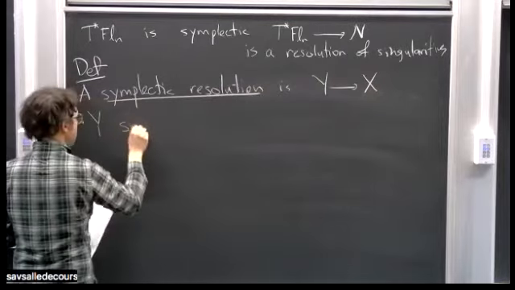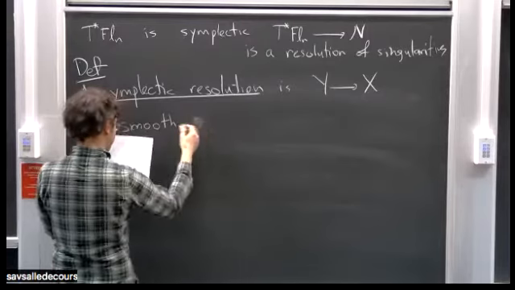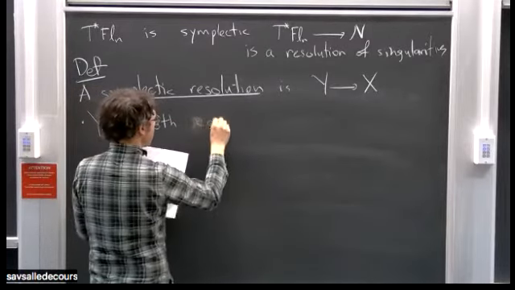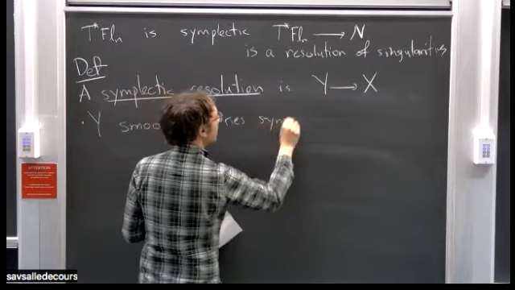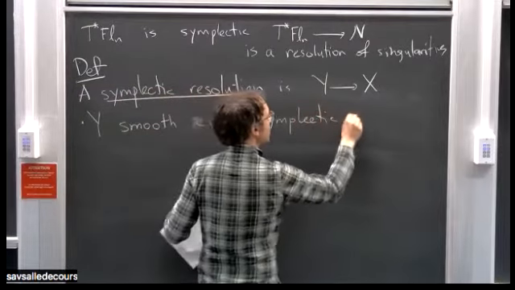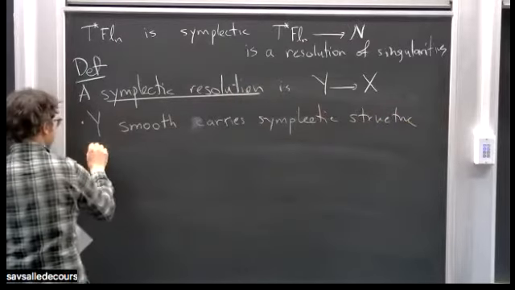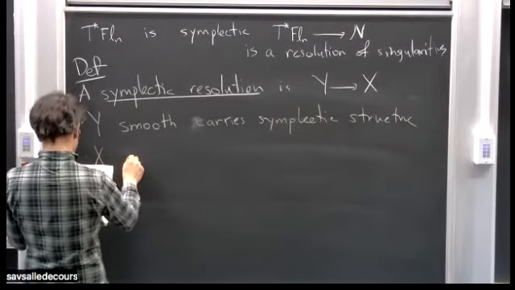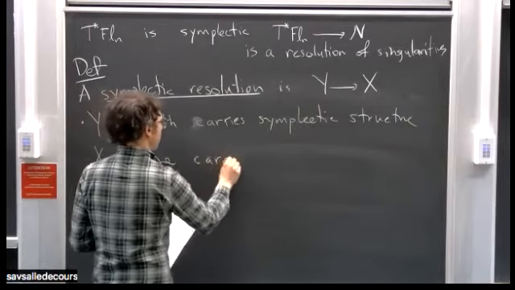Y is a smooth algebraic variety and carries a symplectic structure. And X is affine. It carries a Poisson structure.